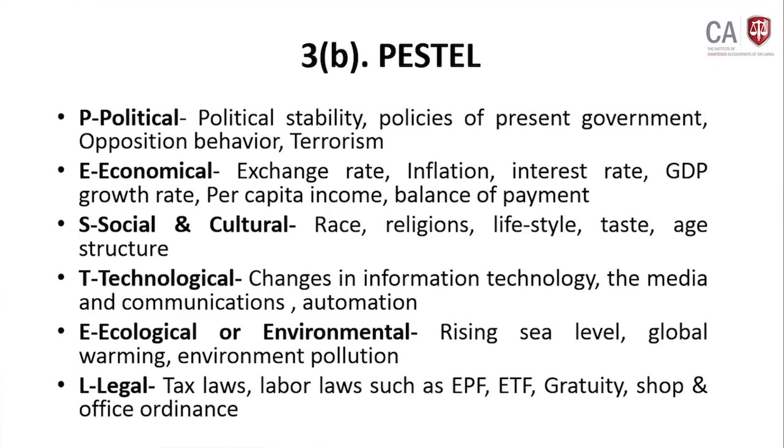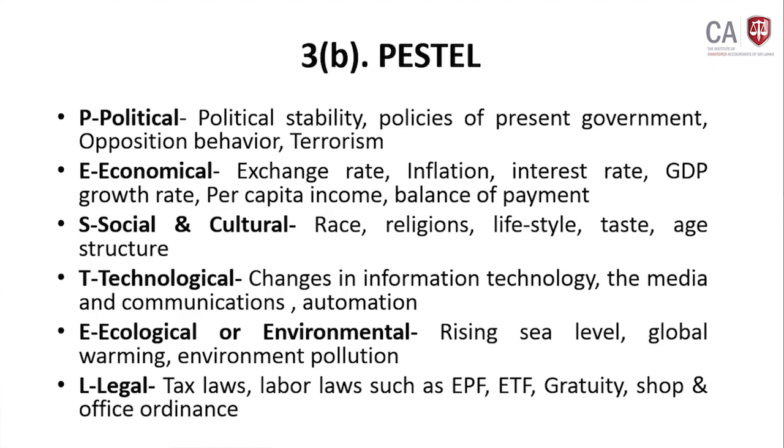Those are the factors we are going to look at. Then the second variable is the economic variable. Here we are going to look at factors like exchange rate, inflation, interest rate, GDP growth rate, per capita income, balance of payment.